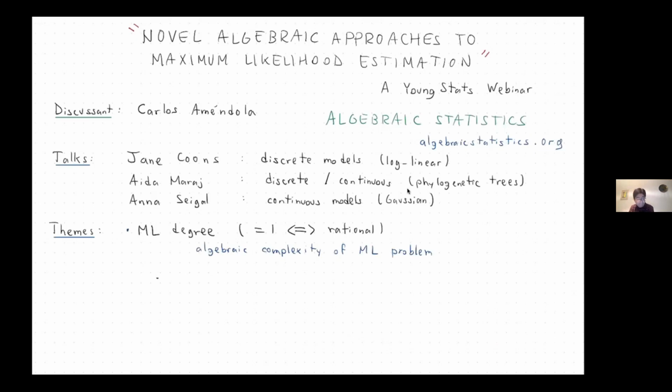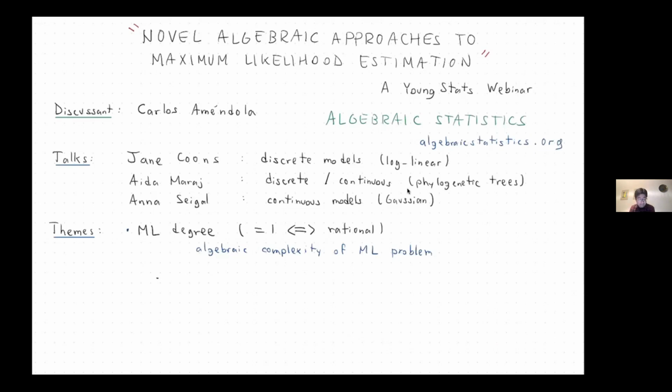Rational means just a polynomial divided by another polynomial. And in Jane's case, we even had this very nice formula with the cliques of the graph. Then it can be higher than 1, as Aida told us, and there were already explicit formulas that had to do with the out degrees of the vertices in the tree.